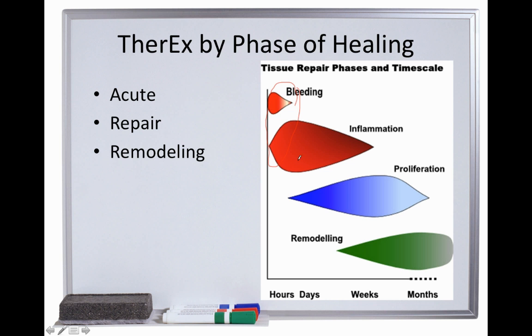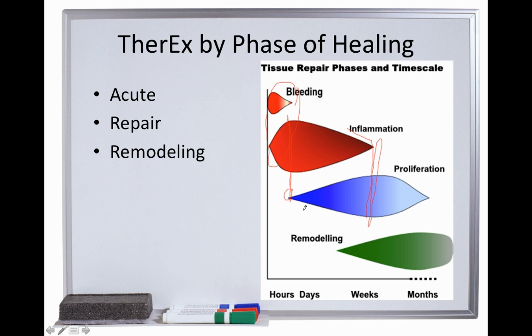So we get into the repair phase. So here we're in inflammation, then remodeling and proliferation come next. I like how this is drawn, that you have some proliferation of cells early in the inflammatory phase, and you still have some inflammation as your proliferative phase is going on.